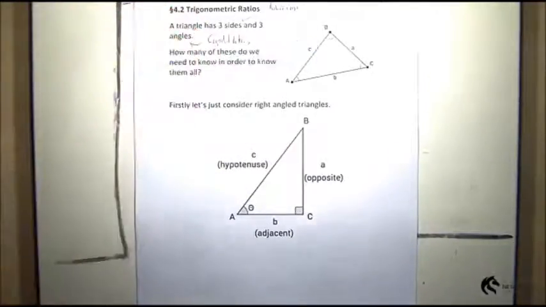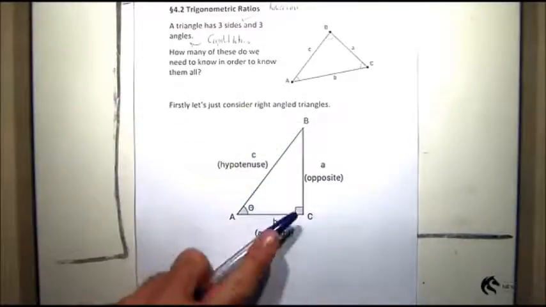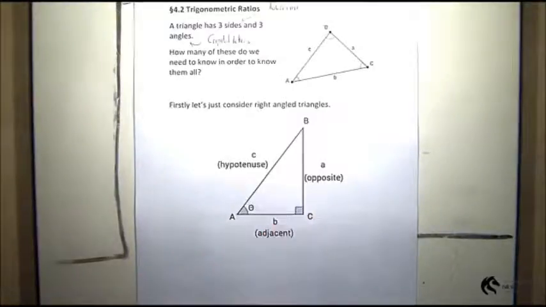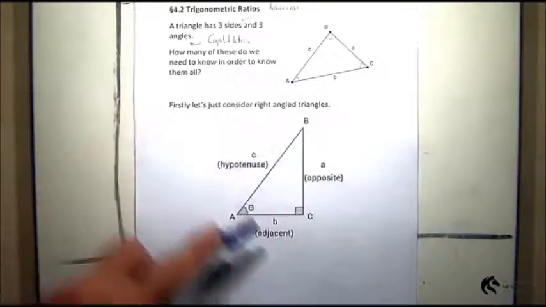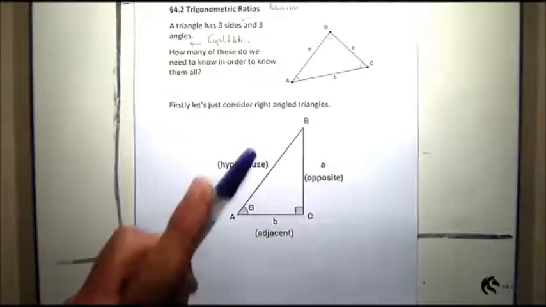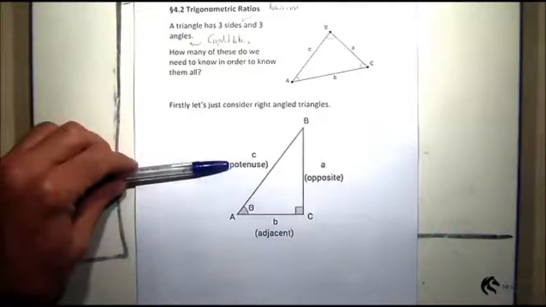So, let's introduce some terminology to go with right-angled triangles. Here's a right-angled triangle. A right-angled triangle is a triangle that has a right angle in it. It can only have one right angle because the angle sum in a triangle is 180 degrees, and there are 3 angles, so there can only be one that's 90. The side opposite the right angle is called the hypotenuse.